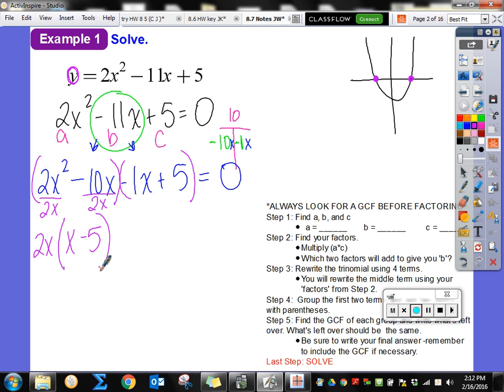Then what can we take out of that second parentheses? A negative 1. Remember that this second GCF here is the only time that we can take out a positive or a negative 1. I'm going to take out a minus 1 and divide both of those by negative 1, and we are left with x minus 5. Now still bring down that equal.